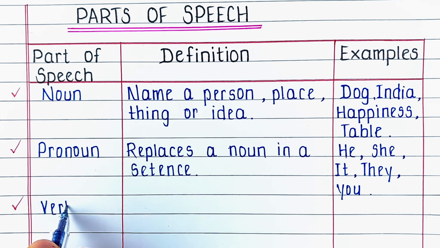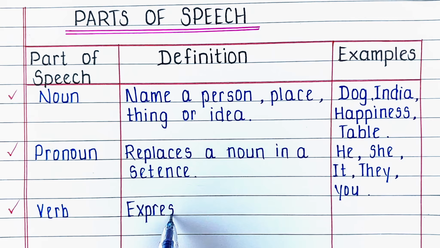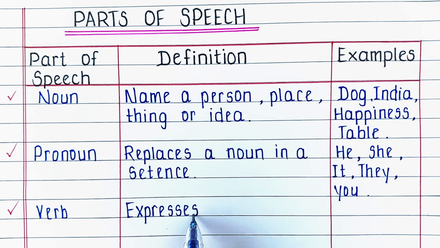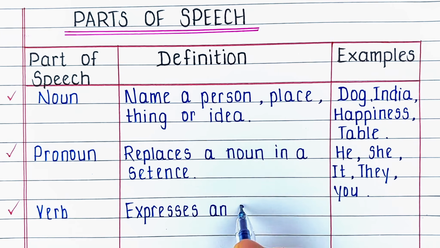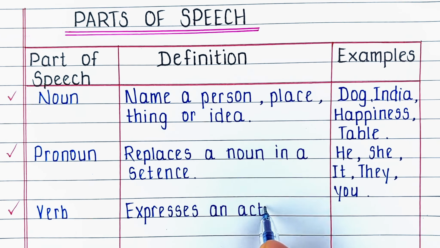Next part of speech is verb. Verbs are words that denote an action that is being performed by the noun or the subject in a sentence. They are also called action words.